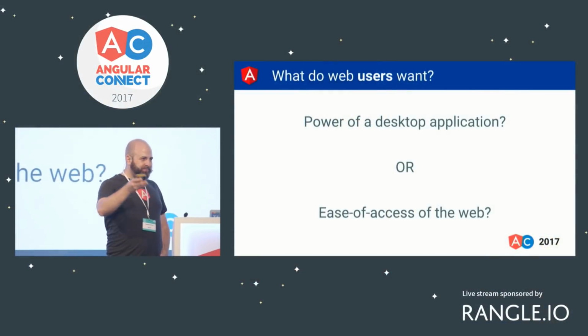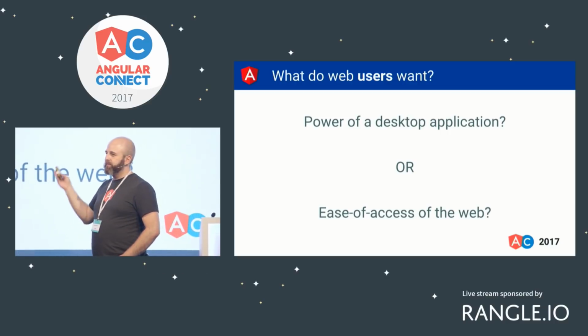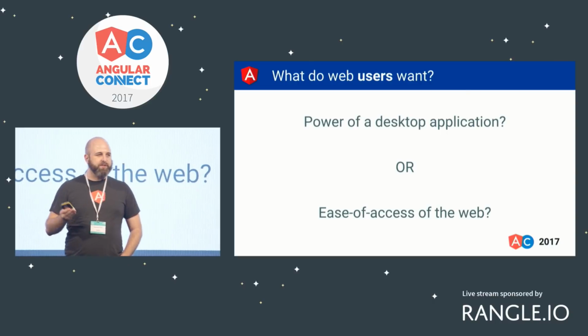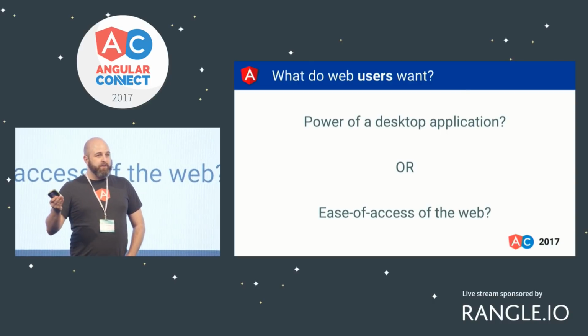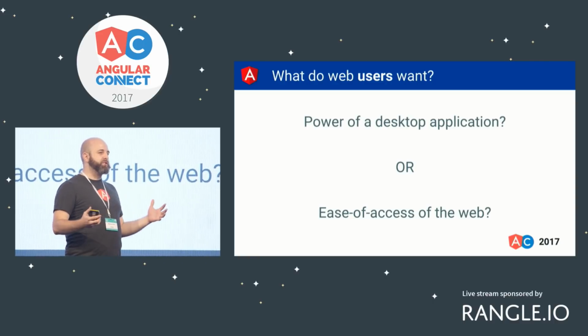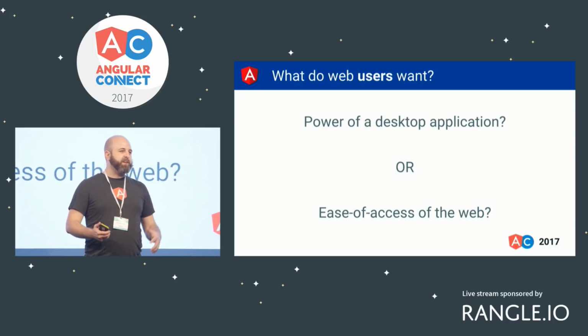We'll see. OK, so we're all web developers here. So are you familiar with this question? Does it happen to you? You go to your users and you ask them, do you want a very powerful application, kind of like a desktop application with lots of features, lots of power, or you want this easy-to-use application like the web?